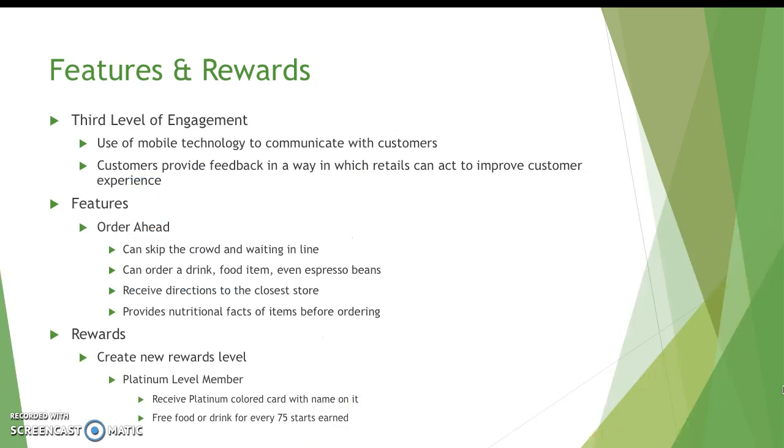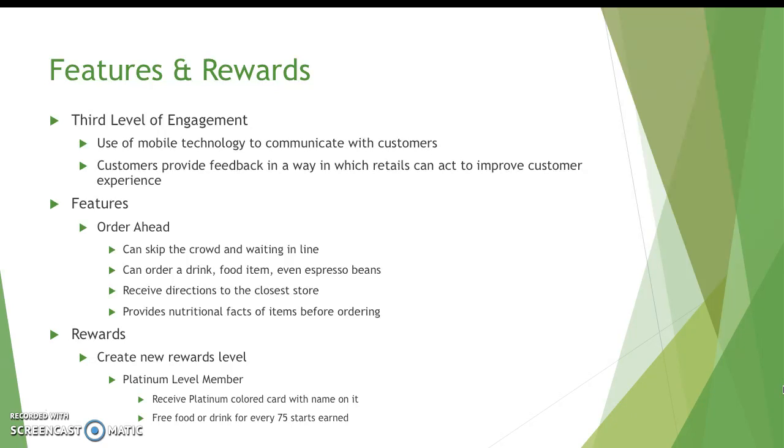The last question is, which features and rewards are most important to staying relevant to customers in the future? In order to stay relevant to customers in the future, a company's loyalty scheme must engage the customer. I believe Starbucks' loyalty program represents the third level of engagement. This program meets all requirements to qualify as a Level 3 engagement loyalty program.